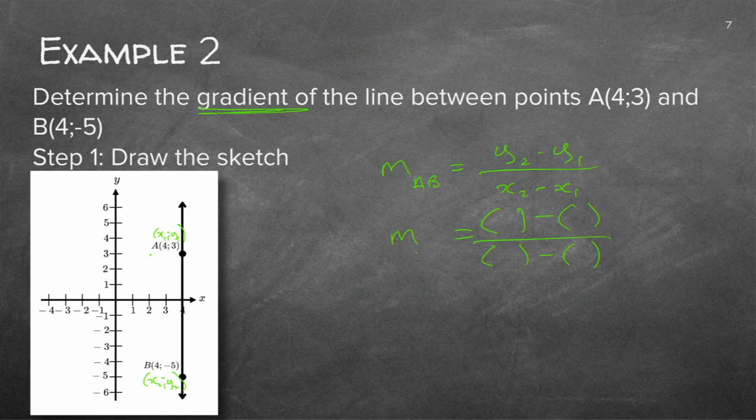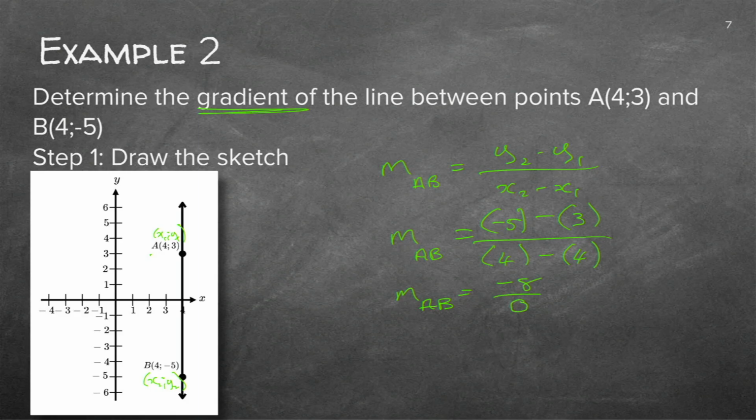The gradient of AB. Good. Now I'm going to fill it in. y2 was minus 5 minus 3. x2 was 4 minus 4. So if I work that out, I get minus 8 over 0.